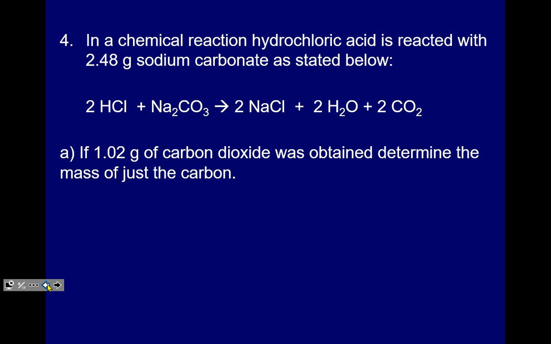So the carbon in the sodium carbonate, well, what product does it end up in? Where does the carbon in the sodium carbonate go once the reaction is complete? Where does it end up? Where does the carbon end up? Yep, Ryan? In the carbon dioxide. So that carbon ends up in the carbon dioxide.